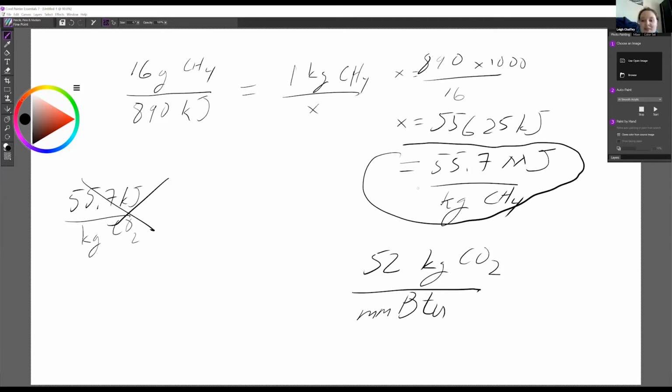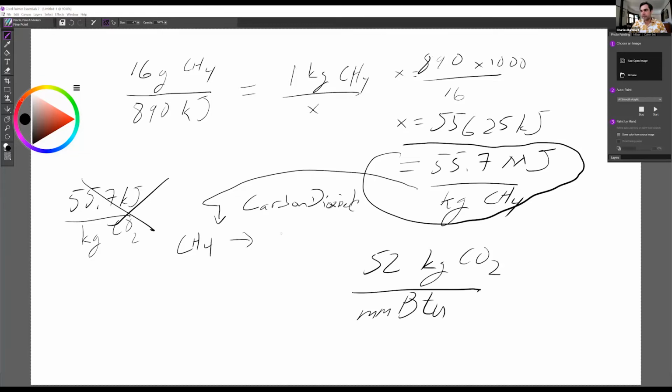Brilliant. Thank you. And if we wanted to know how much carbon dioxide this emitted, then we would do, well, we know the stoichiometric relationship. 1 mole of methane goes to 1 mole of CO2. This is 16 grams per mole.